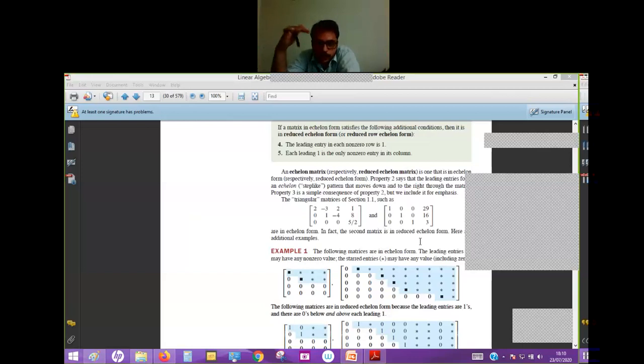I want to make some non-zero value here, and for the rest of the entries in that row I have no concern, so it can be any non-zero value. Then, below that non-zero value, I want to make this element 0, this element 0, this element 0. So I will try to do this, and hence I am performing such operations.